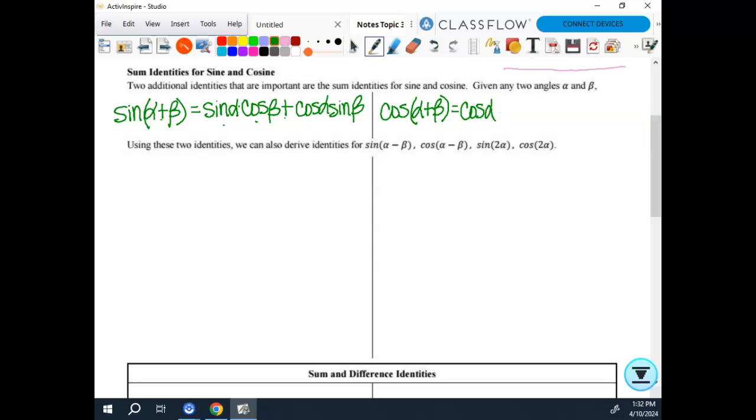So I get cosine of alpha times cosine of beta. Let me say it again. The trig expressions alternated, so the sign stayed the same. If the trig expressions don't alternate, then the sign changes, and this is minus. And then we have sine of alpha times sine of beta.